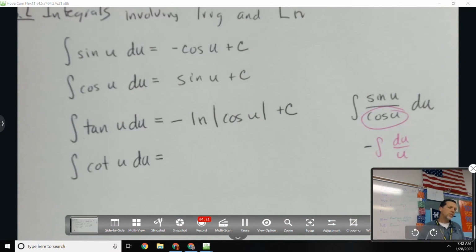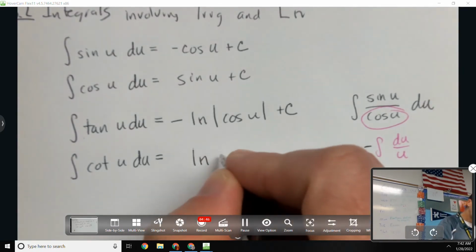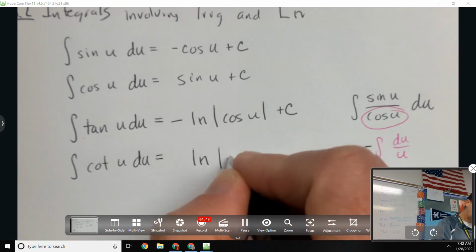Now, this one you might be able to figure out based on all the other relationships of derivatives of trig functions, because it follows that same pattern that we wrote 100 times already. Anybody want to take a guess at what the integral of cotangent of u is going to be? It's positive. Natural log of sine.